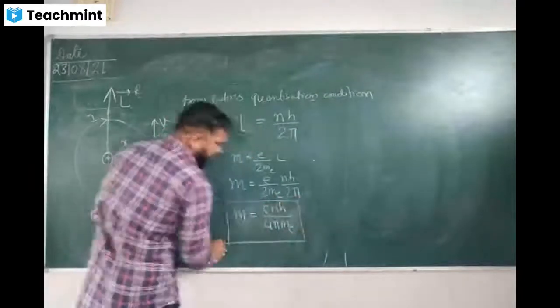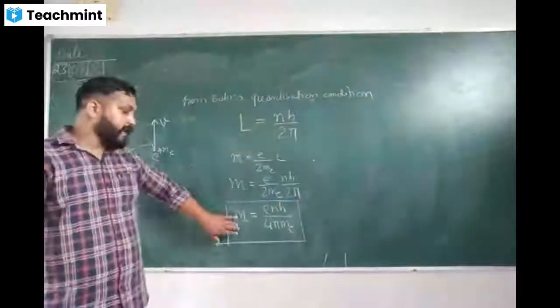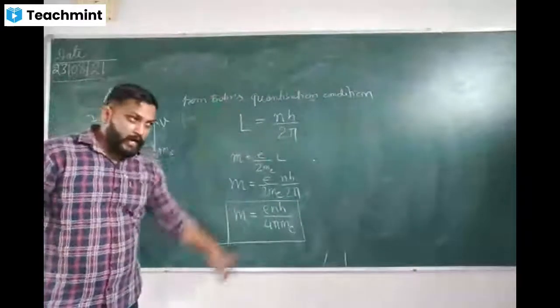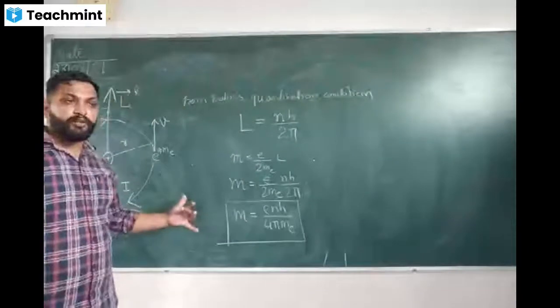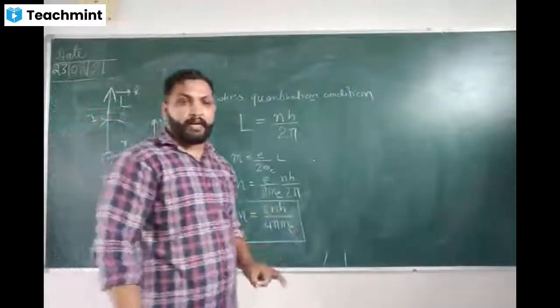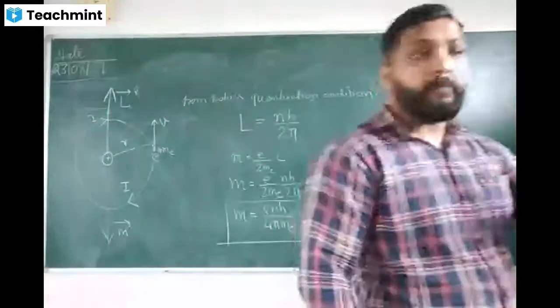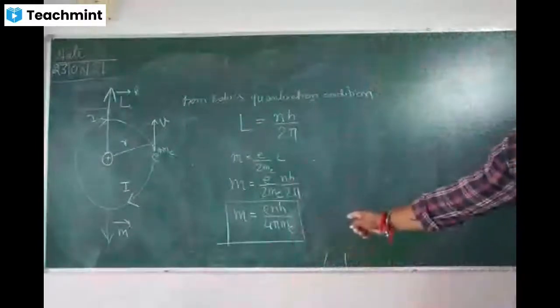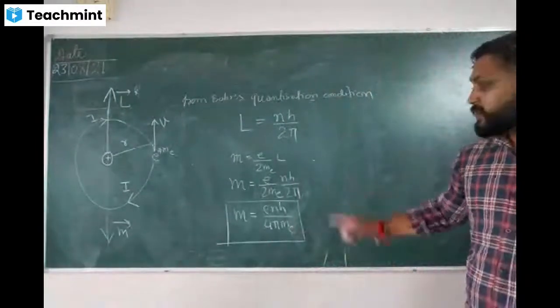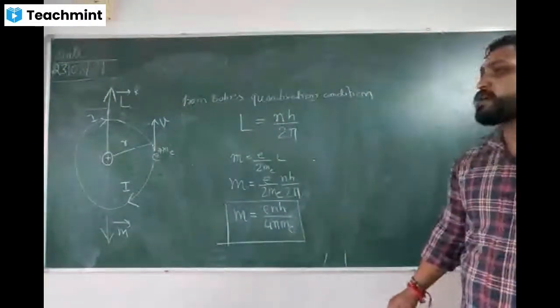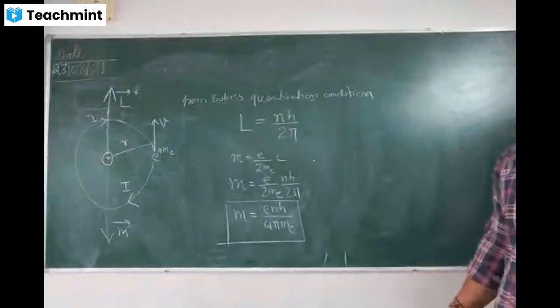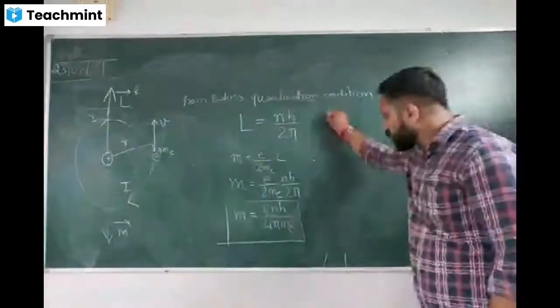If we find this magnetic moment for a revolving electron in the first orbit of the hydrogen atom, that minimum magnetic moment associated with the revolving electron is known as the Bohr magneton. What is the Bohr magneton?